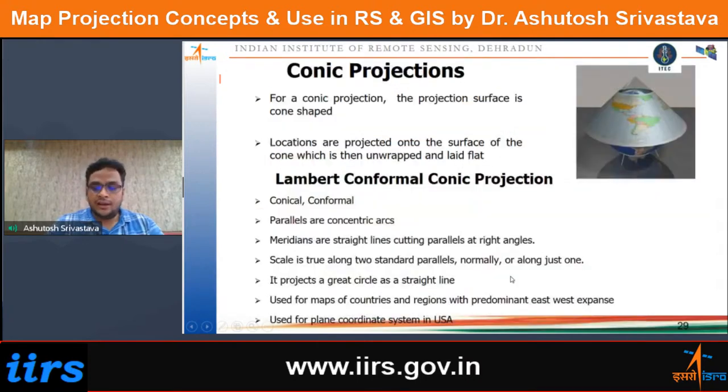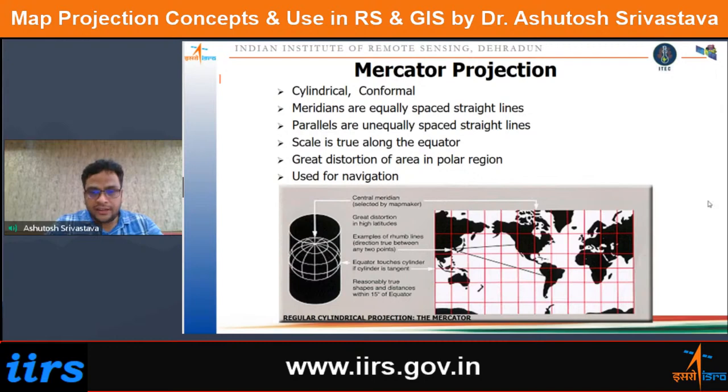When we are moving away, the polar region, if you see this area, this is Greenland, and you can see how much distortion there is, because Greenland looks so much bigger than India. India is very near to the equator, so there will not be any distortion. But Greenland looks like half of Africa or more than that. It is just because of the great distortion of area in the polar region.